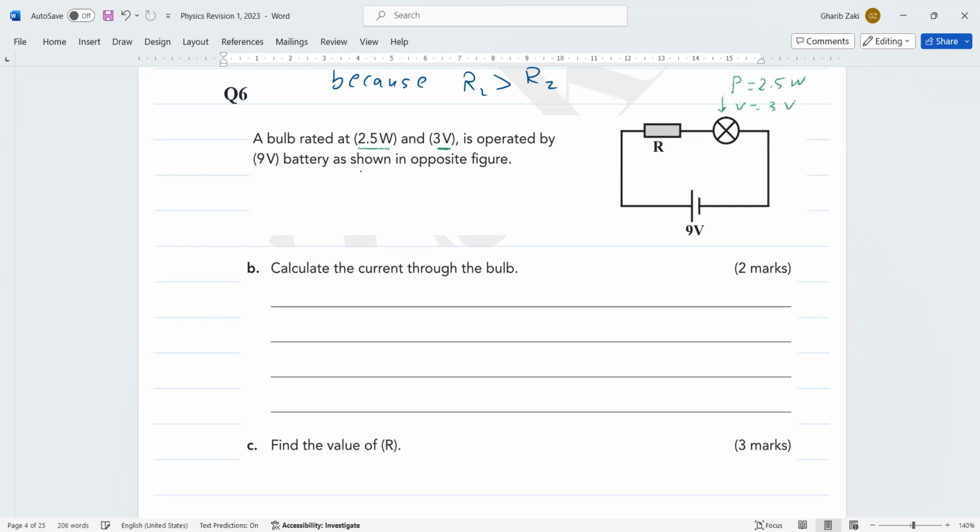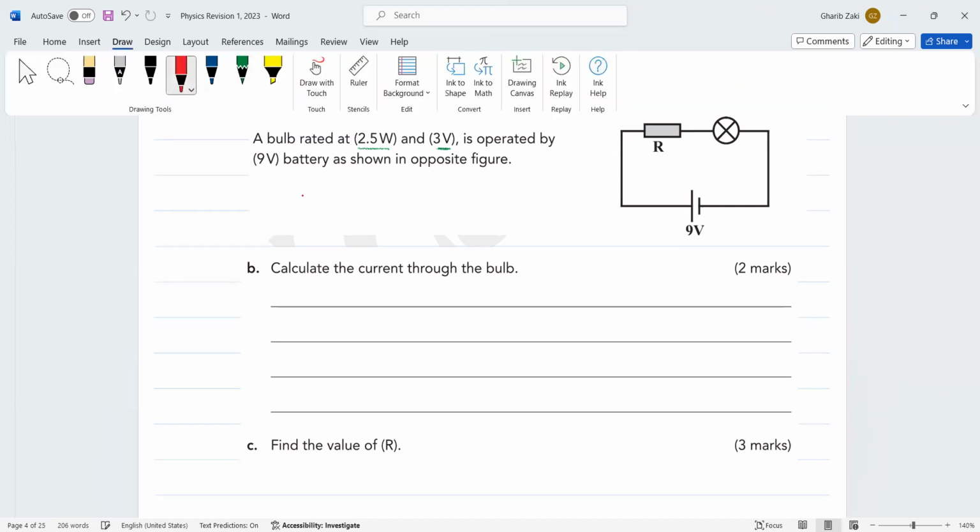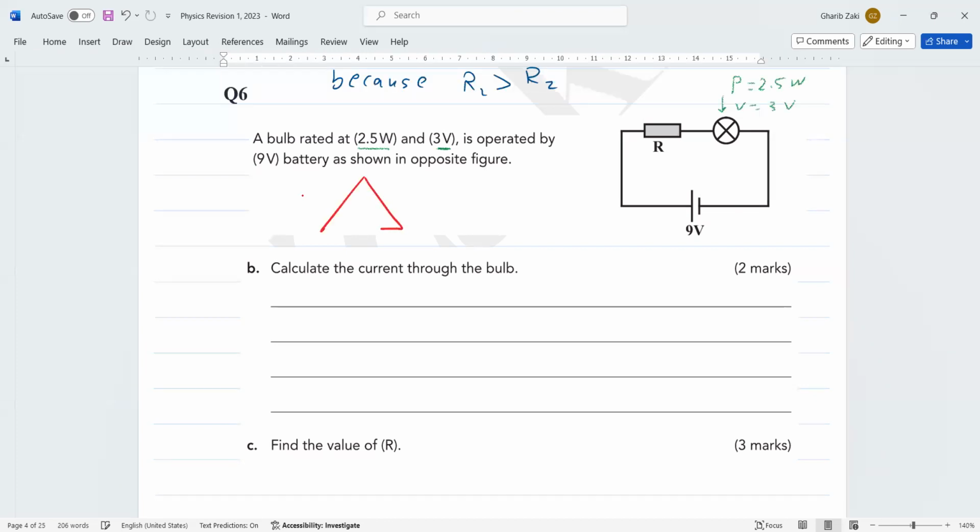Calculate the current through the bulb. It's easy to get the current through the bulb. Which formula? We know that the power P equals I multiplied by V. Then the current equals the power divided by the voltage.